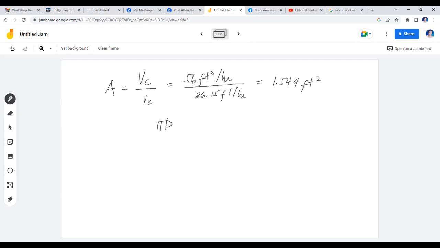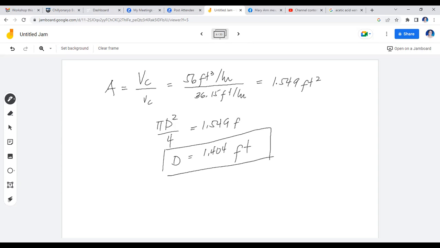So pi d squared divided by 4 is equal to 1.549. And your diameter here is 1.404 feet. This is in feet squared. So that's the diameter of your extraction tower.